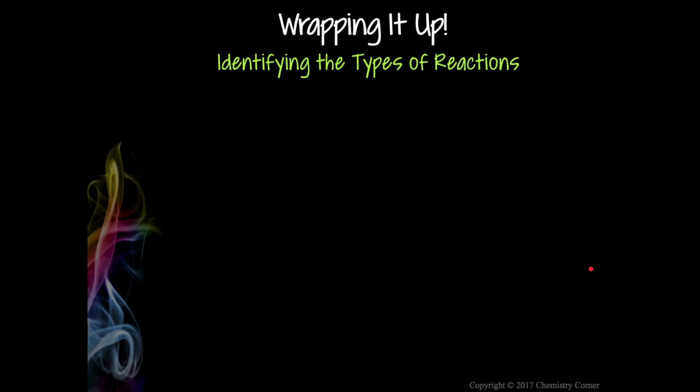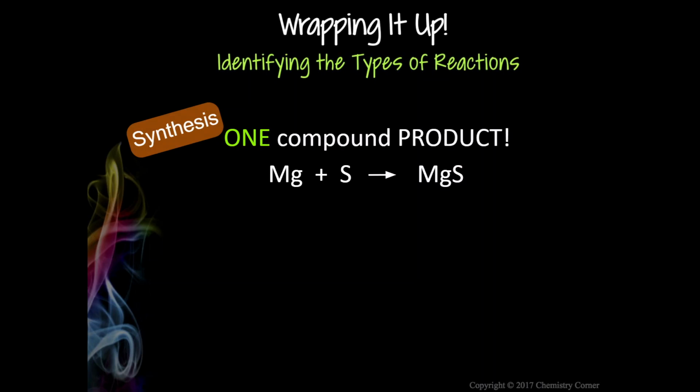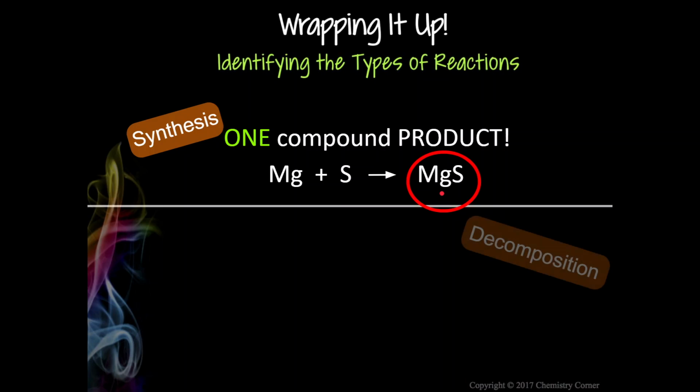All right, our types of reactions are going to be synthesis, meaning we start with two basic elements or basic compounds and end up with only one product. So look for two simple things that then become more complex, and that's how you can recognize synthesis, because you're making something.